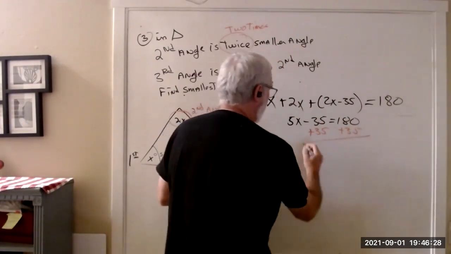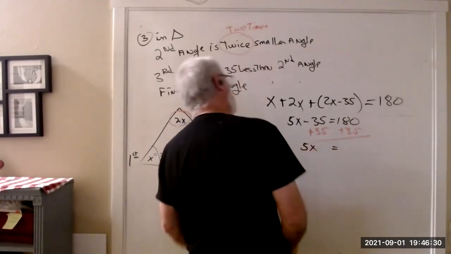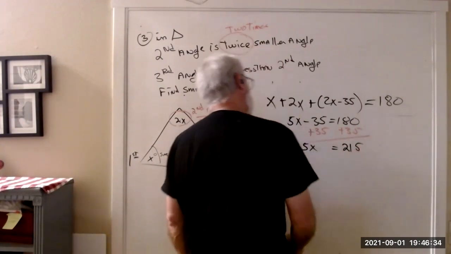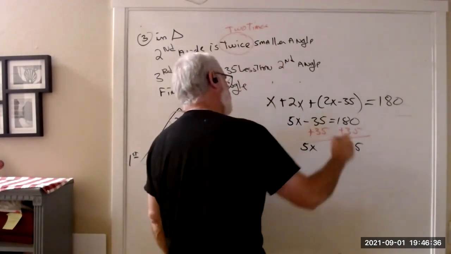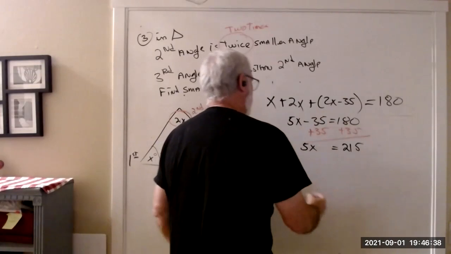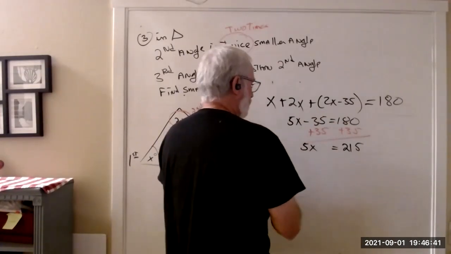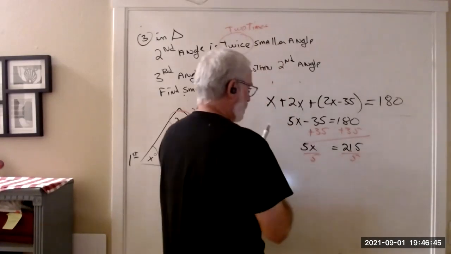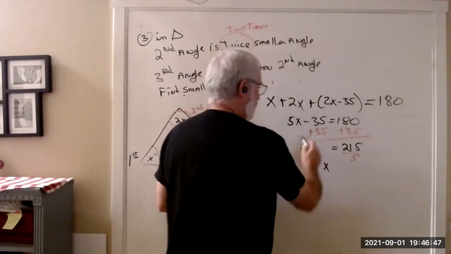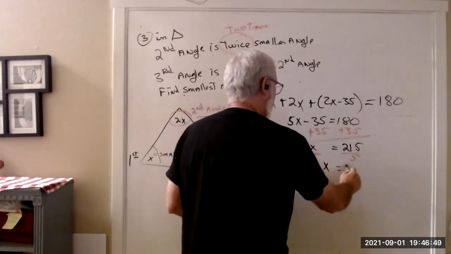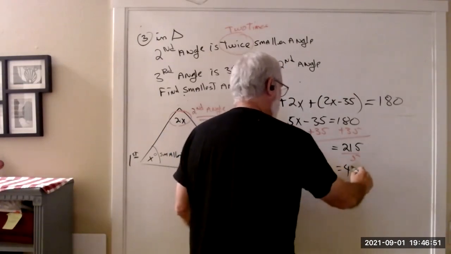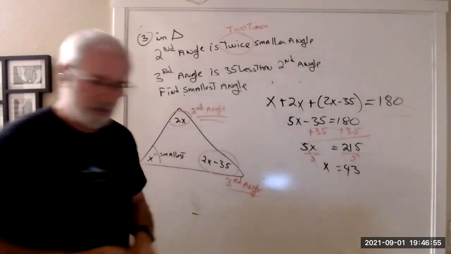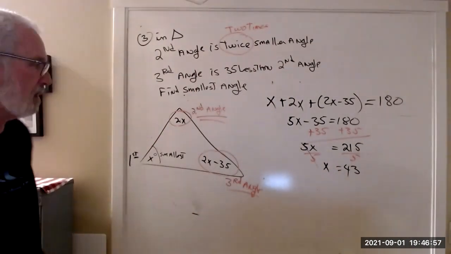So I have 5X equals 215. Is that right? Yeah, that's right. Divide by 5. Okay, see if I can do it by head. 5's cancel out. That becomes 43. I better double check on my calculator. I don't want to be dumb.